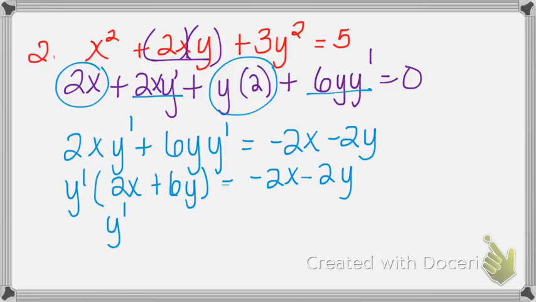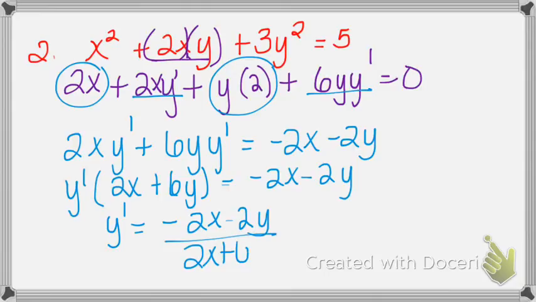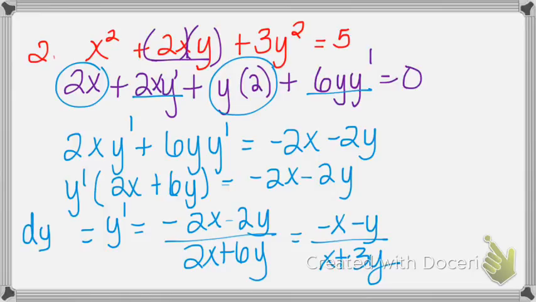And then I'm going to divide by 2x plus 6y. Sometimes they do divide out common numbers, so we could divide out a 2 if we wanted to. I would count it correct if you did not do that. So there's the derivative of y. Another way that you can write the derivative of y is dy dx, the derivative of y with respect to x. You're going to see both of those notations when you do these problems.